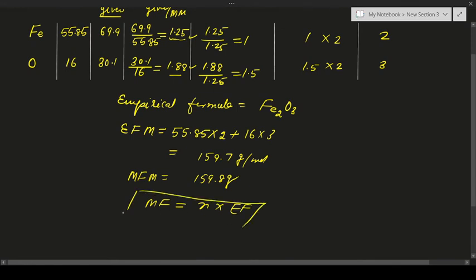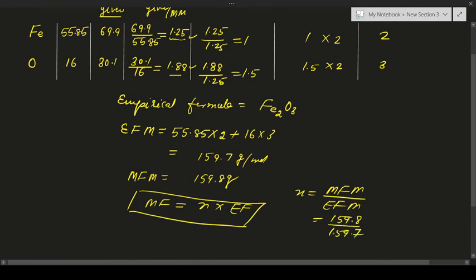How do we find the value of n? n equals the molecular formula mass divided by the empirical formula mass, and both are 159.8 and 159.7.